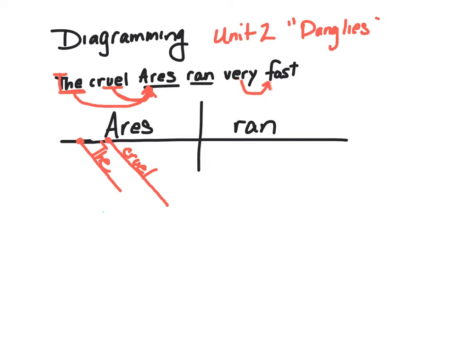So what does fast describe? Fast is describing the running. So since fast describes ran, I have to put it under ran. Again, you see 45 degrees. Fast. And now I have a problem. Very is dangly, so I know it has to be on a 45-degree angle. I also know that it has to go underneath fast.